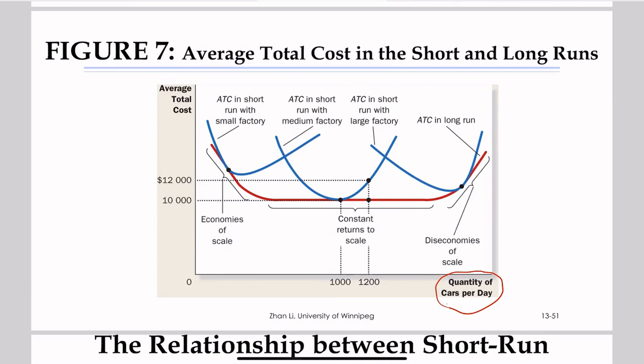And these three blue curves give us the average total cost in the short run with different sizes of factories. And then this red curve gives us the ATC curve in the long run. Obviously, you can see that we have much more information from this picture compared with previous pictures. So it's a complicated picture.